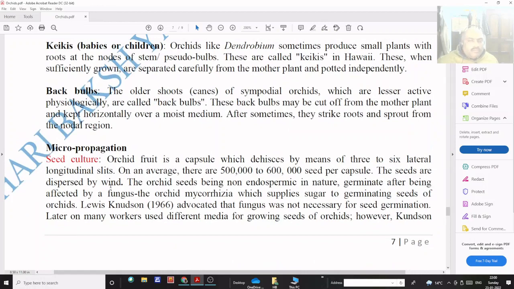Now we can also go for the multiplication of orchids by using tissue culture techniques. Here it is also worth mentioning that the seeds of orchids are non-endospermic in nature and they fail to germinate.